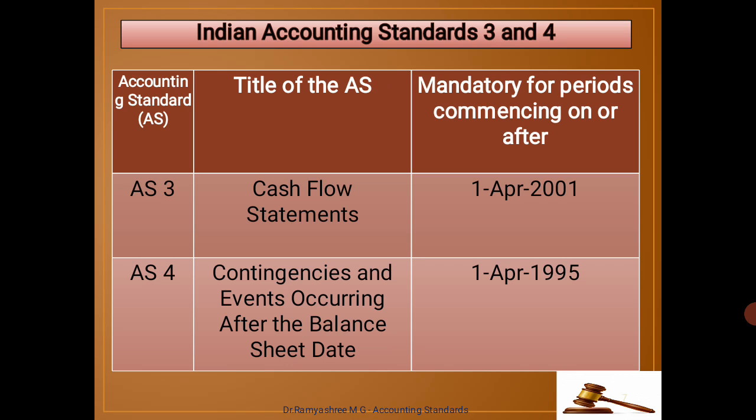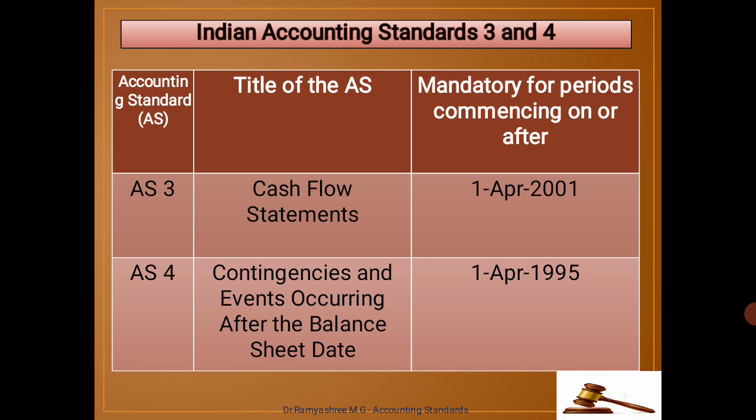This standard deals with treatment of contingencies and events occurring after the balance sheet date but before the date on which the financial statements are duly approved. The term contingencies means an event which may or may not occur, and this will be known only on the happening of an event.